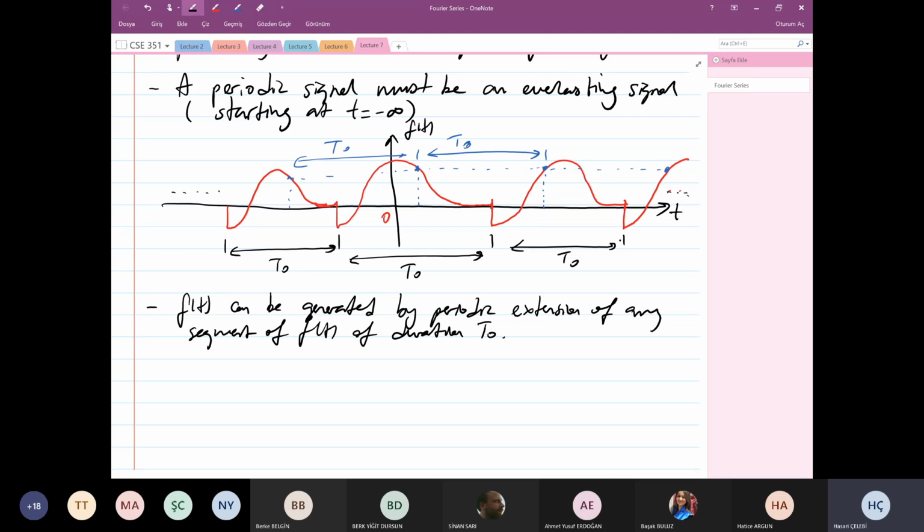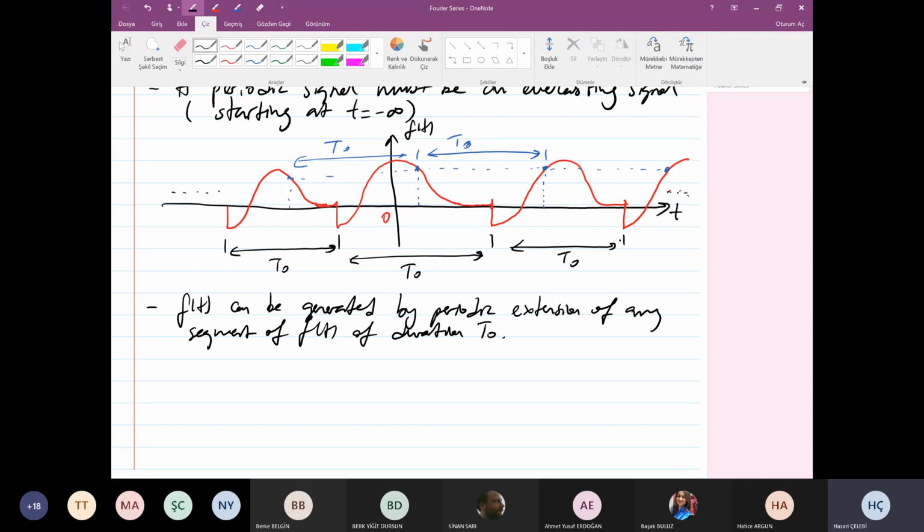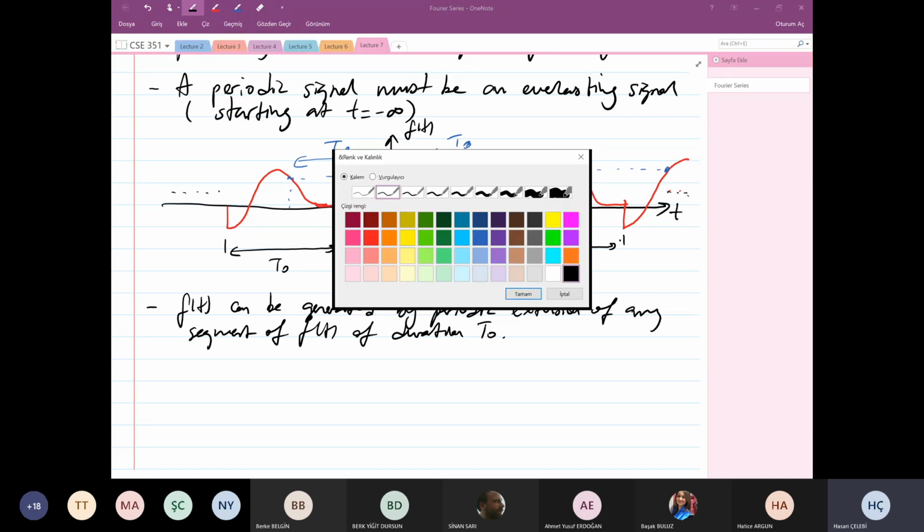That's another property of a periodic signal.